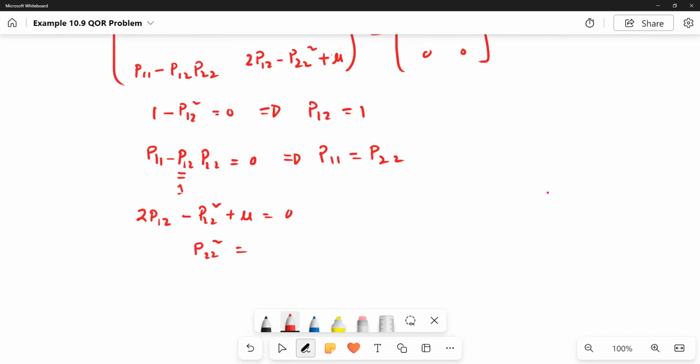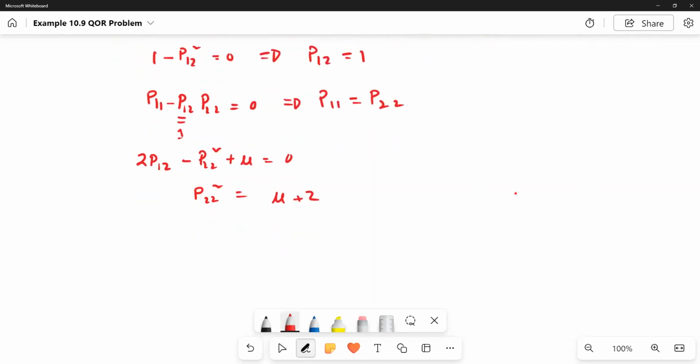So P22 square will become mu plus 2 into P12, which is 1, so mu plus 2. So simply your P22 is becoming square root of mu plus 2. And as P11 is the same as P22, we can write that P11 also has the same value.